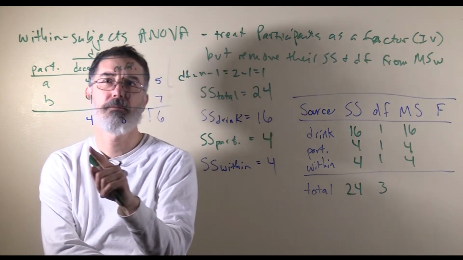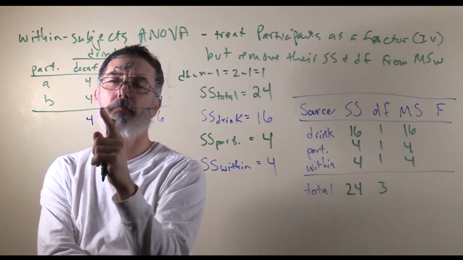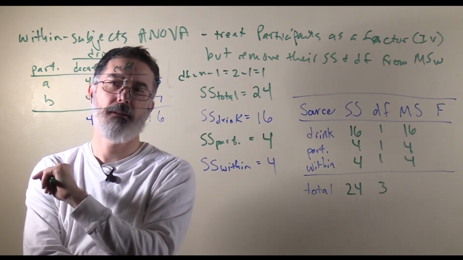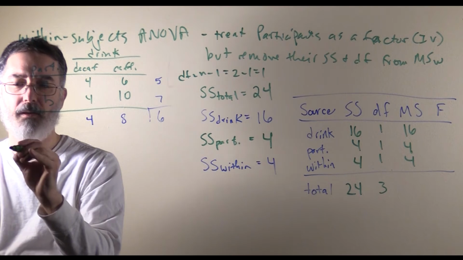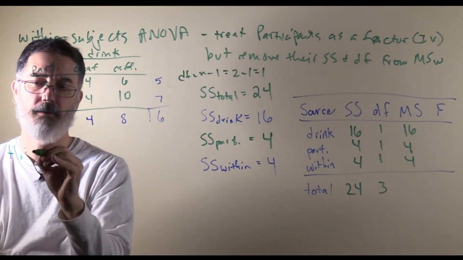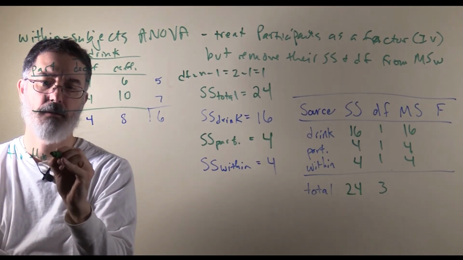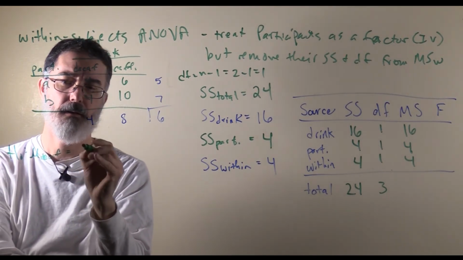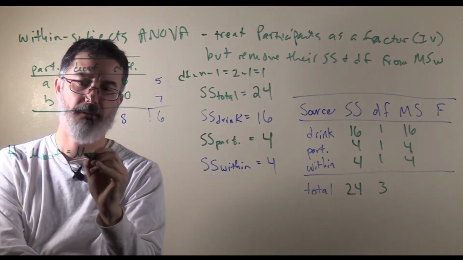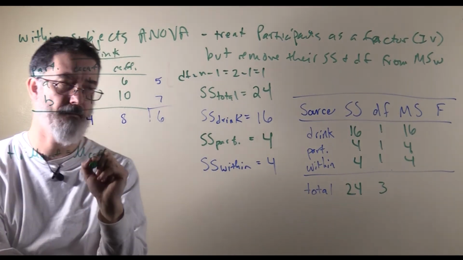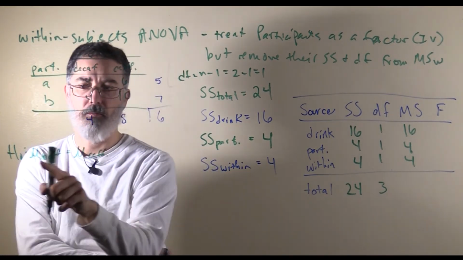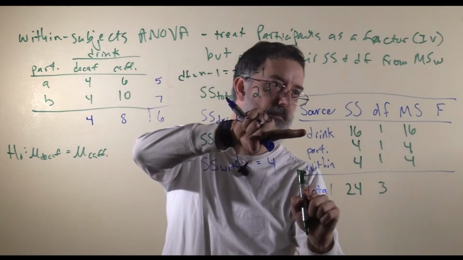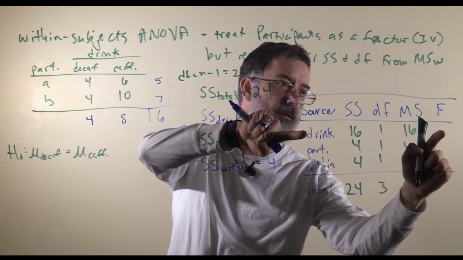All right, so remember, for this research, we're interested to determine whether or not caffeinated coffee results in more alertness than decaffeinated coffee. So the research that we're doing has a null hypothesis that the alertness of the decaffeinated population is the same as the alertness in the caffeinated population. All right, so we're hoping to reject this null hypothesis, and that is going to be related to this F statistic here.